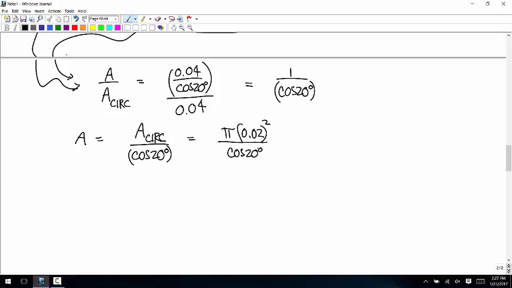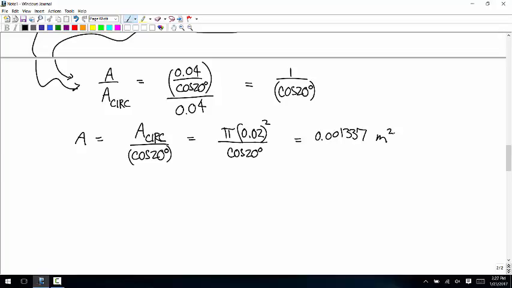Someone calculate that. 0.001337, and that's meters squared.